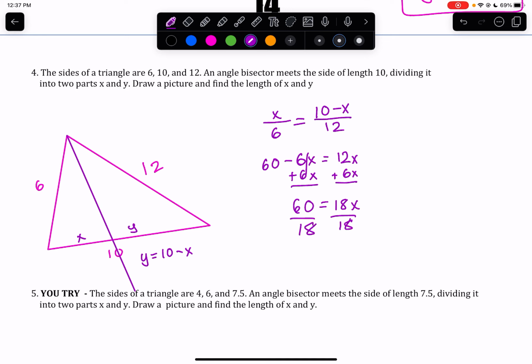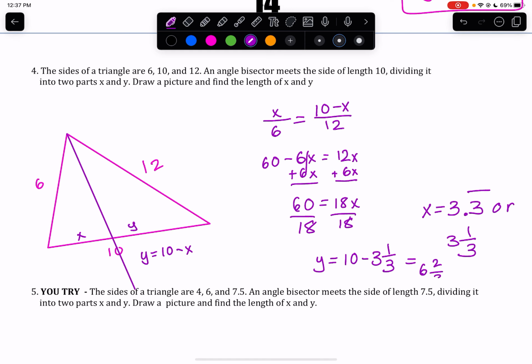So 60 divided by 18 is going to give me x is equal to 3.3 repeating, or 3 1/3. So if I do y is equal to 10 minus 3 1/3, I get 6 2/3 for y.